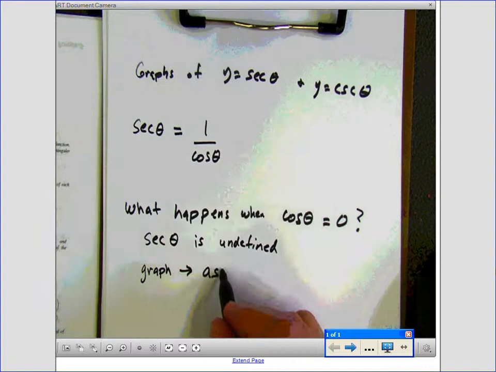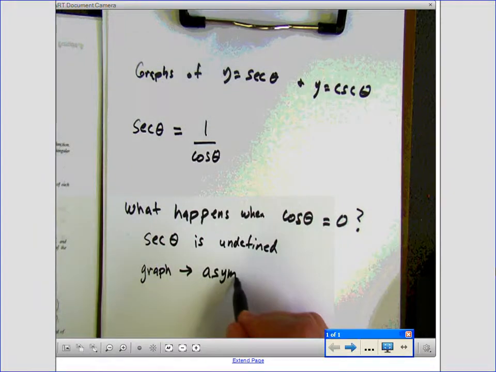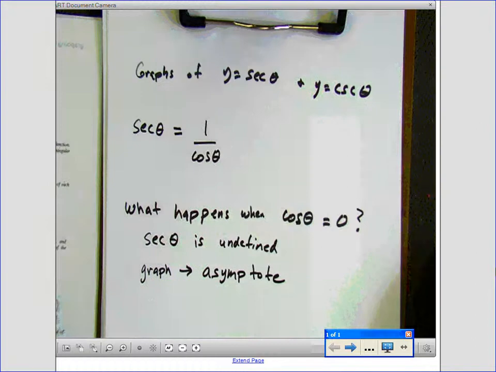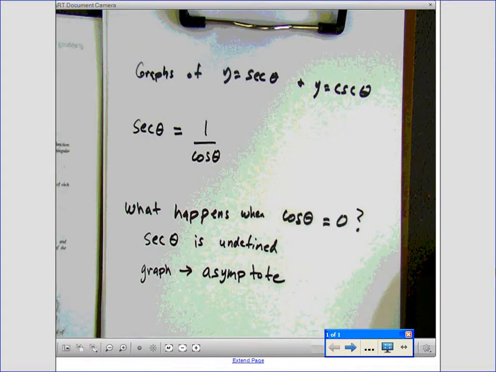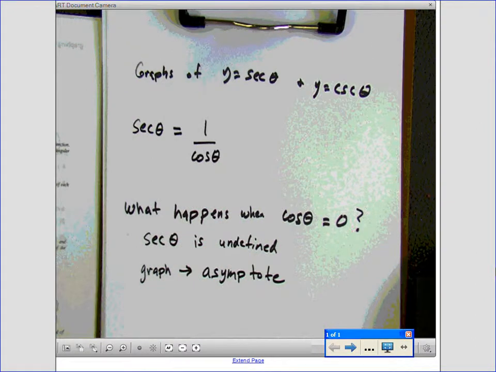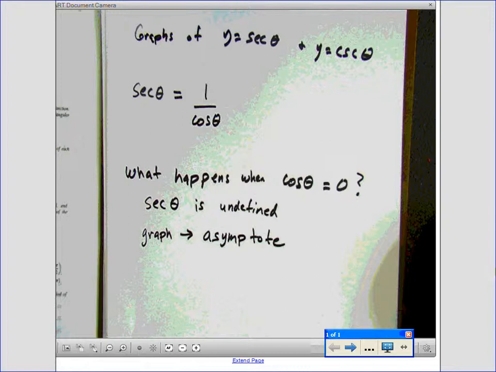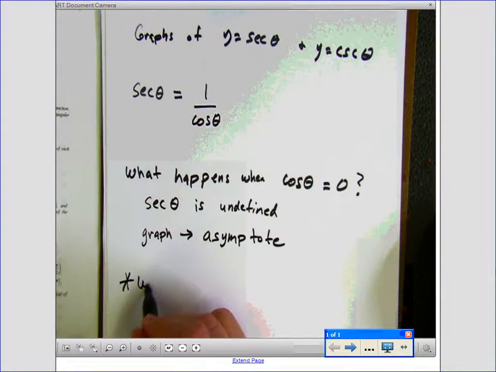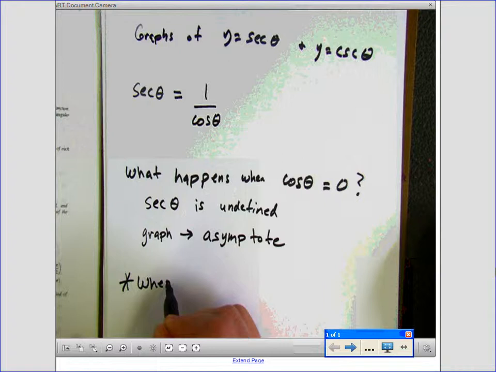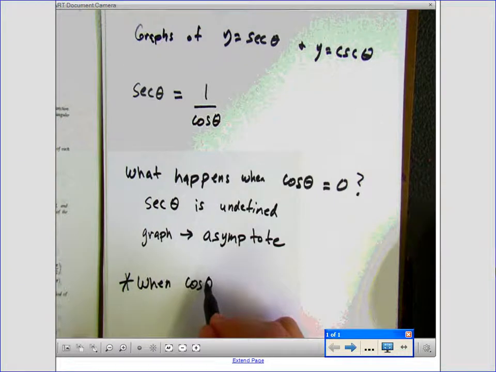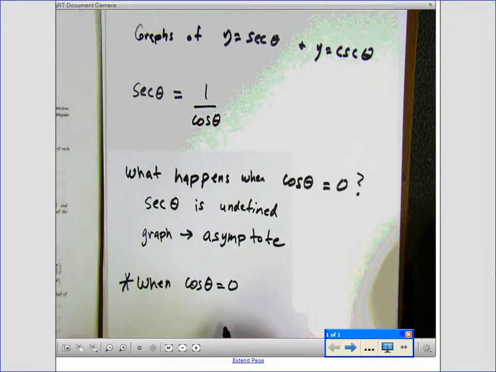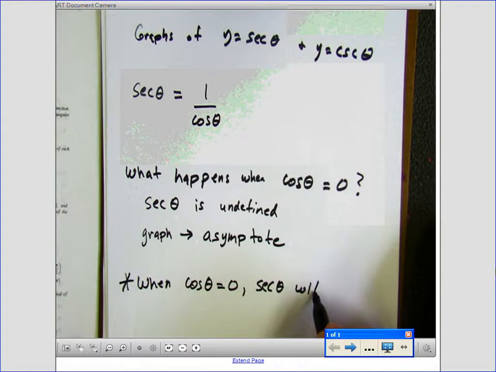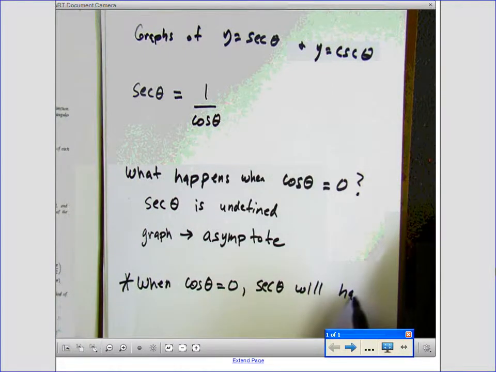We have an asymptote. All right. Now, so here comes the big statement. When cosine is 0, secant is undefined. So secant will have asymptotes.